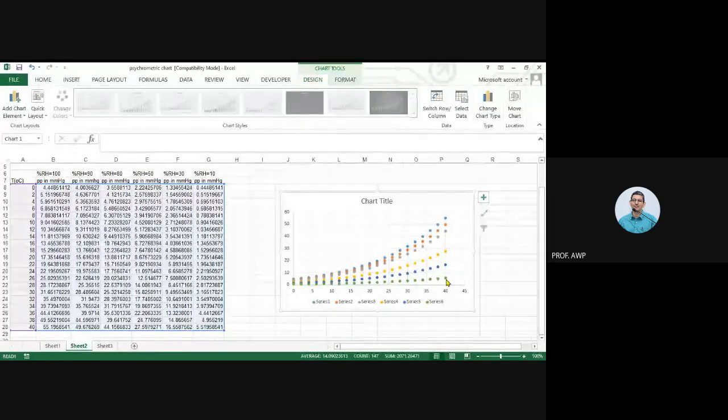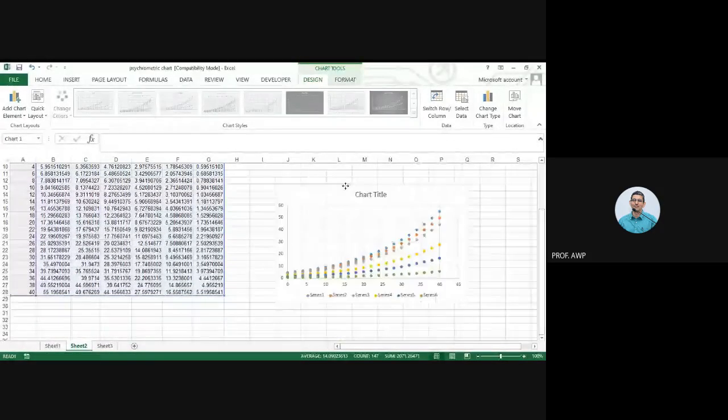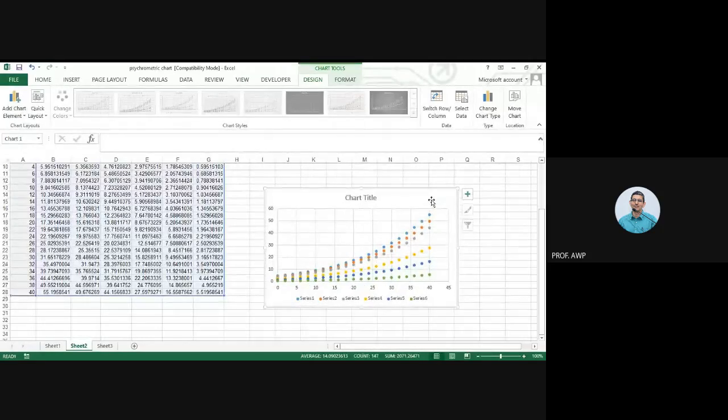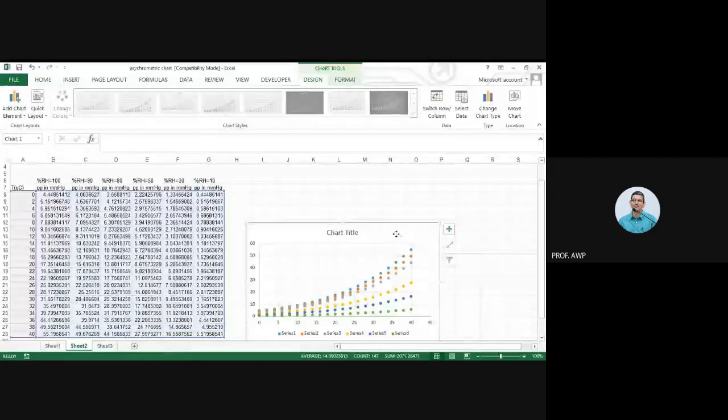But now this is in terms of partial pressure. Has everybody done up to here?